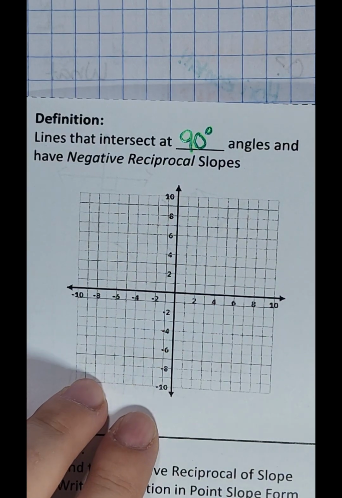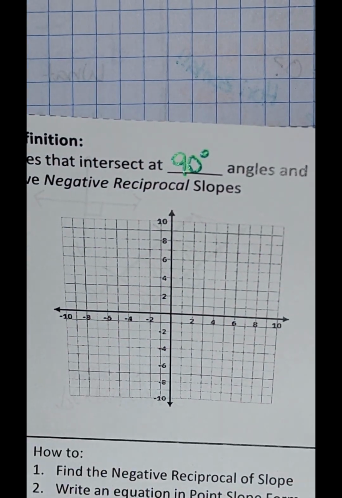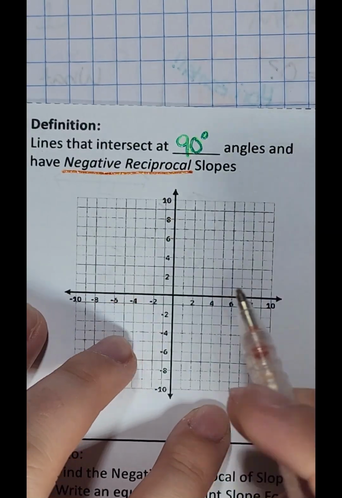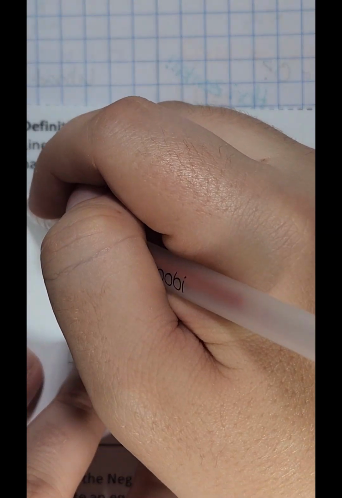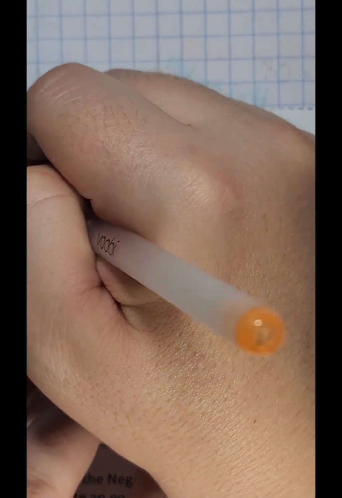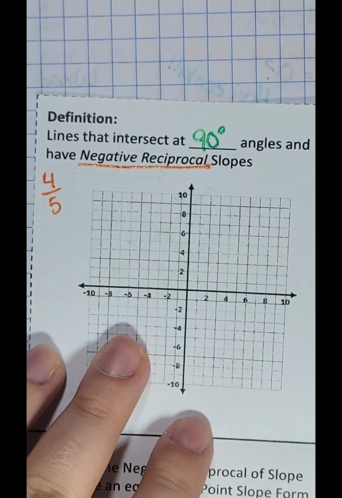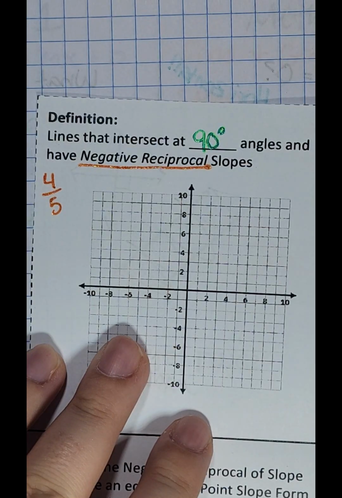If you don't remember what a reciprocal is, when you take a fraction, say 4/5, the reciprocal is when you flip that fraction so that the denominator becomes the numerator and the numerator becomes the denominator.